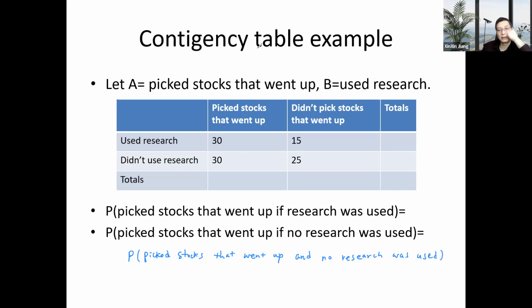This event, when we use this kind of language, you see this is an intersection, and you don't see any conditioning here. So this is not a conditional probability.